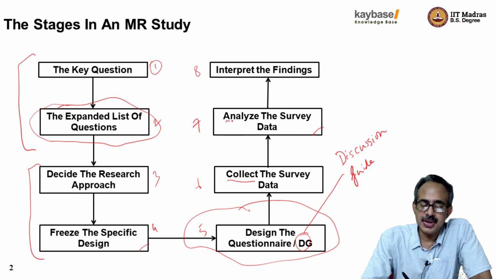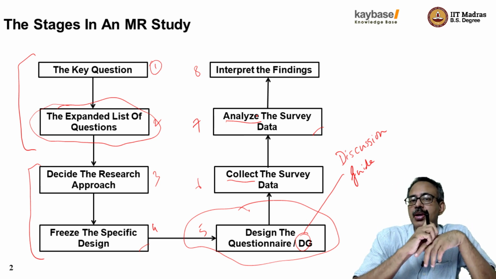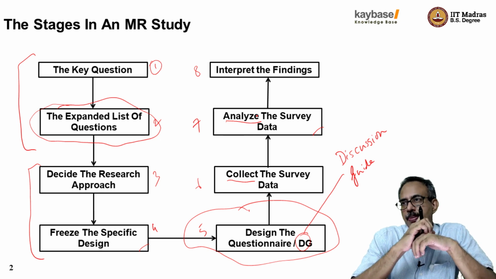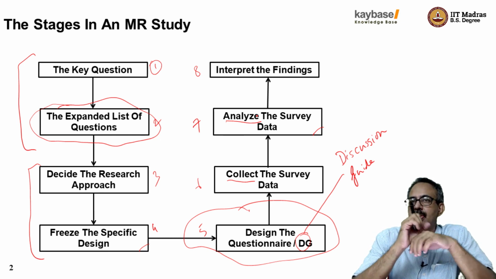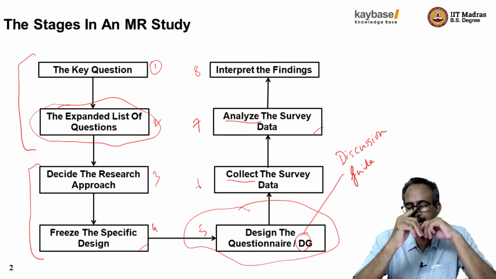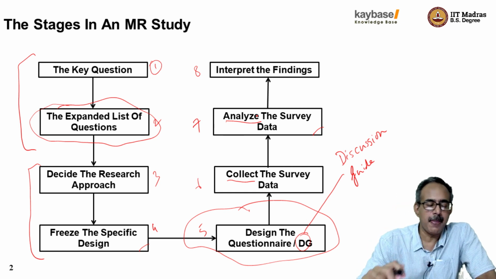And then we analyze the data. And then we interpret what that means. And when we talk about interpretation, we're talking about what it means from a marketing decision point of view. Therefore, given the findings, what should be the marketing decision? Is really what interpretation is all about, right? So let's go on to looking at each of these in a little bit of detail.